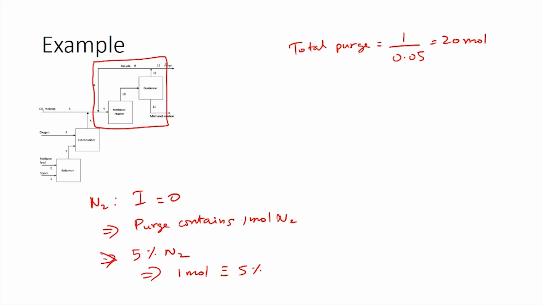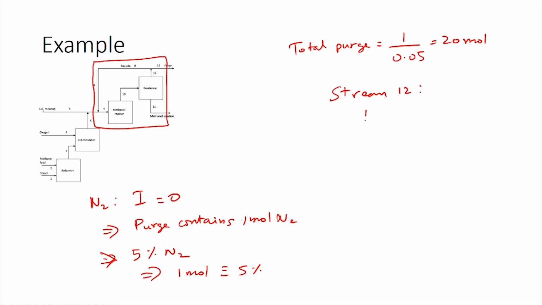Let us try to perform the material balances for this system. Based on what has been given to us in the problem, stream 11 contains methanol and water only, and stream 12 contains all the non-condensable components. This means that stream 12 would contain all the non-condensable components which are entering into the system.